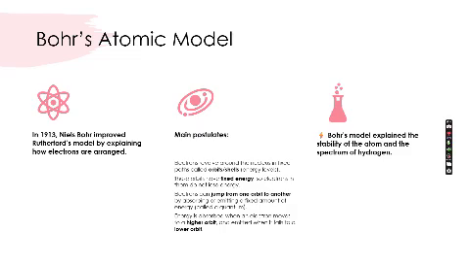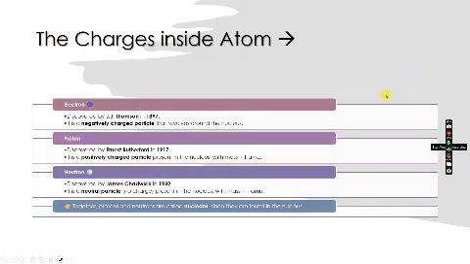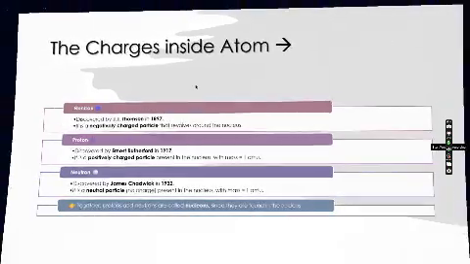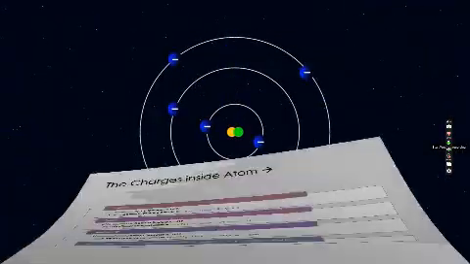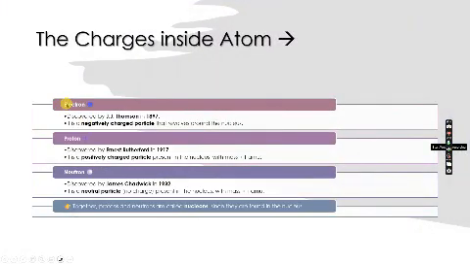Bohr's model explained the stability of atom and the spectrum of hydrogen. This is the most important point. Alright? So, charges inside atom. There are three types of charges inside atom: electron, proton, neutron.